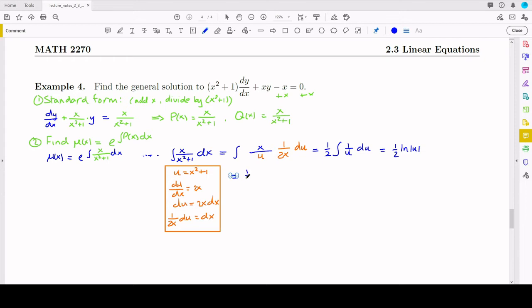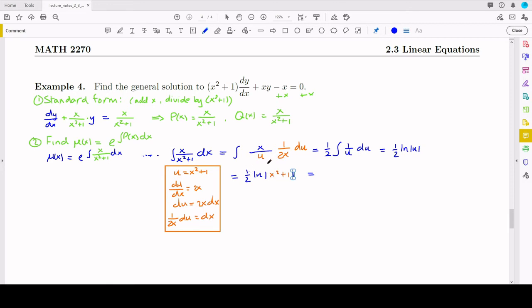So this is 1/2 ln of x squared plus 1. And since x squared plus 1 is never negative, the absolute value of x squared plus 1 is just x squared plus 1.